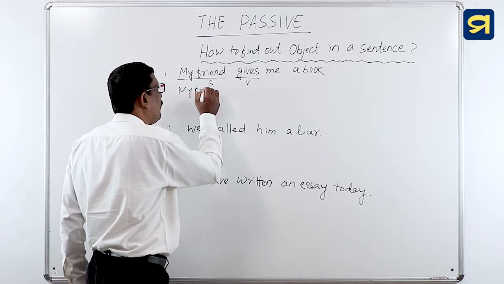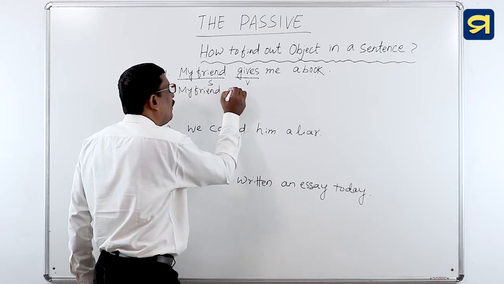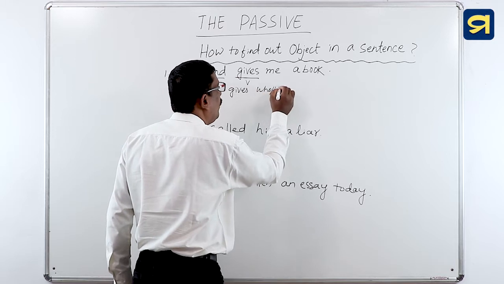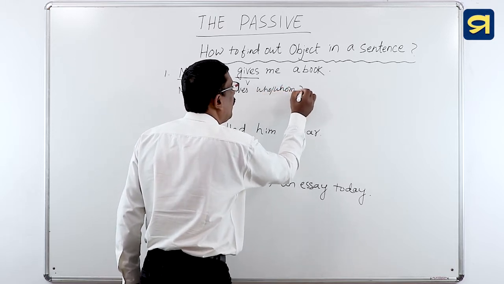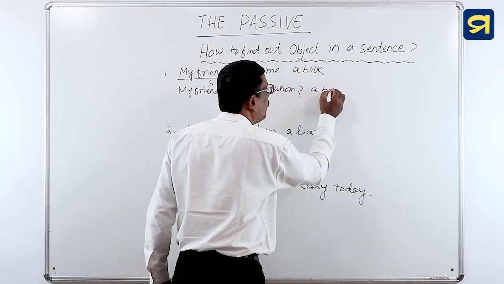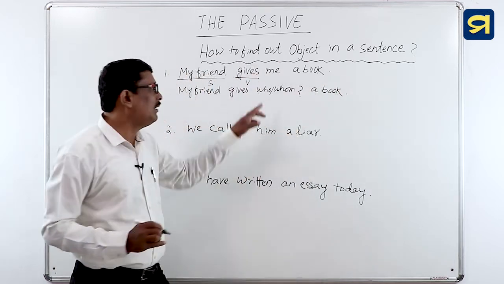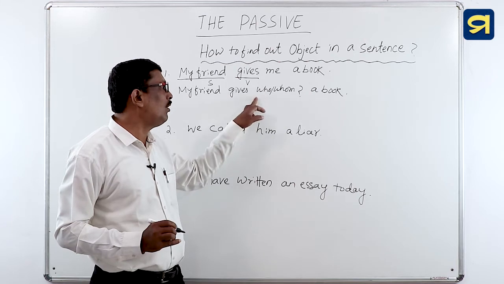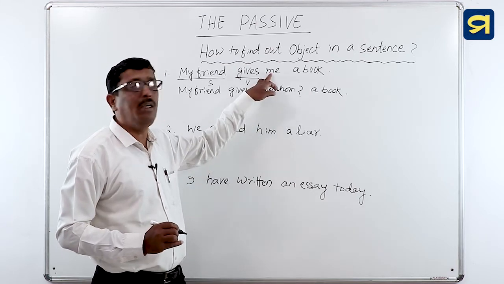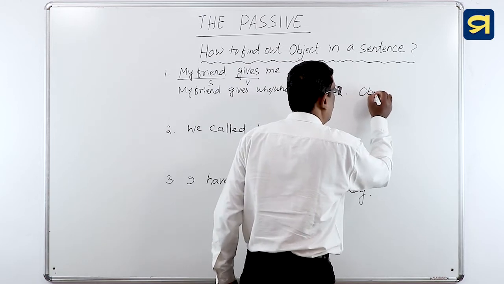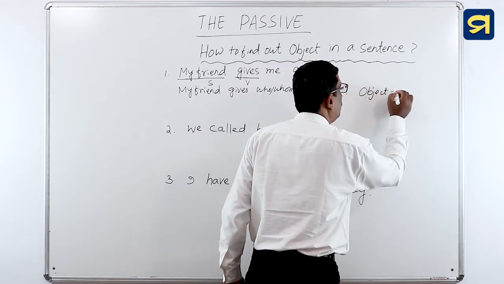My friend gives whom a book? The answer using whom is me. So me is an object here.